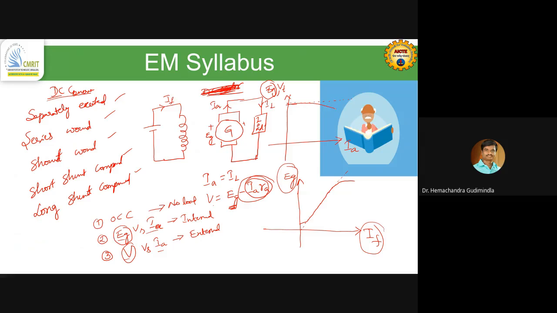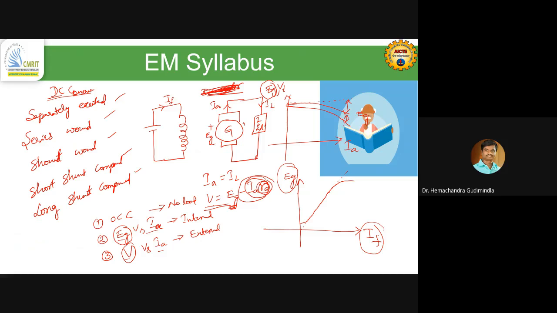You can say that this is the curve, the EG versus IA. This gap is due to the armature reaction drop. Now from the equation V equals EG minus IA RA, the terminal voltage will also follow the same characteristics. Here, IA RA is the armature ohmic drop.